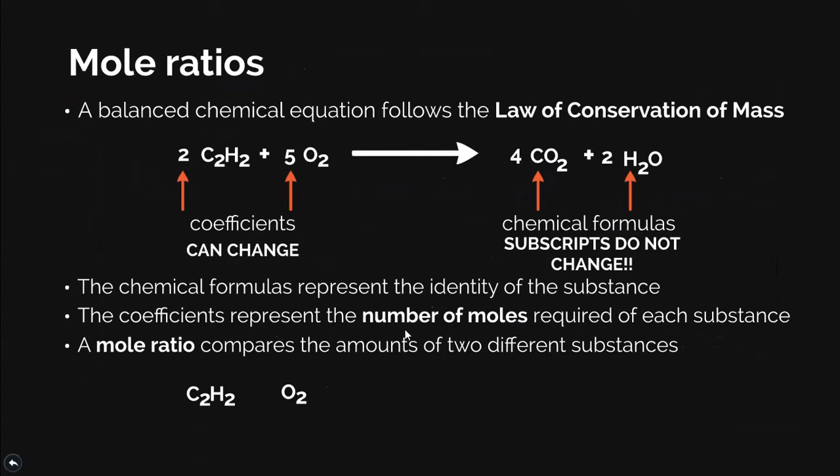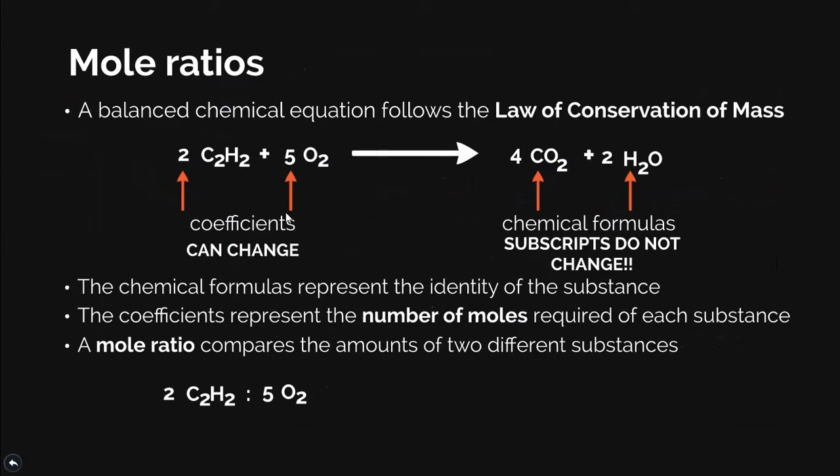All right, so if I wanted to pull an example and compare the amount of C2H2 that I need for my O2, I can just go to my balanced chemical equation and pull the coefficients of that. So I can say that for my C2H2, I would need 2 moles of it, and to match that, I would need 5 moles of oxygen gas, O2.